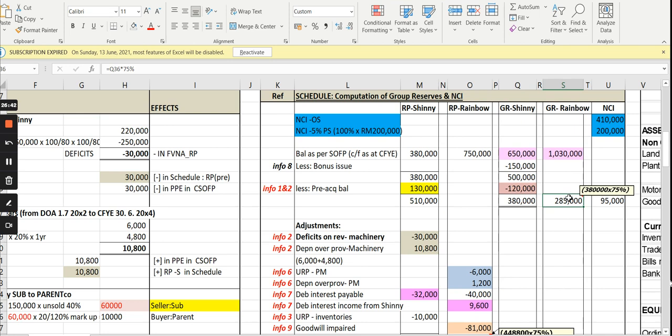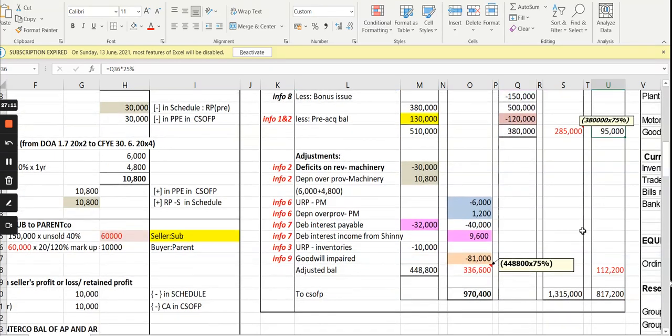So the general reserve of Rainbow, which is the group general reserve, we have already put the figure. Now we need to know that this is also the share of reserve that belongs to the parent, which is 380,000 times 75%. And this 95,000 is 380,000 minus 285,000. That goes to the non-controlling interest column.